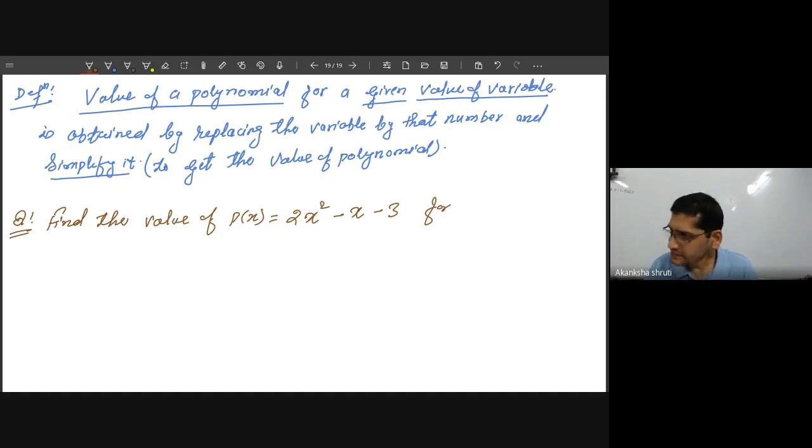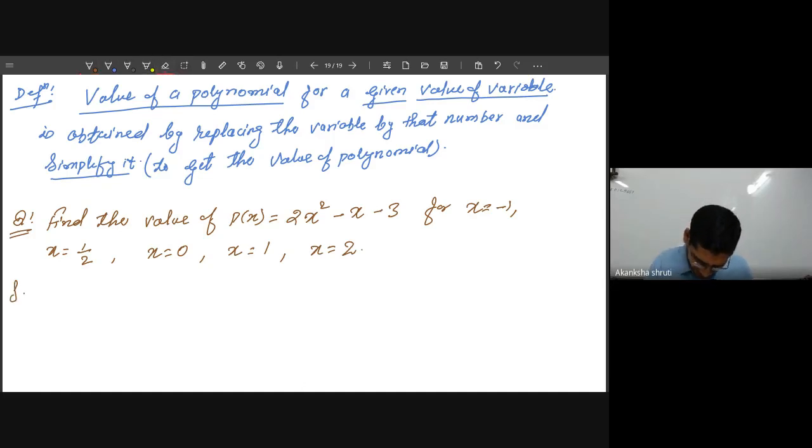Say x equals minus 1. Next time x equals 1 by 2. Next time x equals 0. Next you also have to check for x equals 1, then x equals 2. For these values of x you have to calculate this p(x). Only this kind of question is formed.